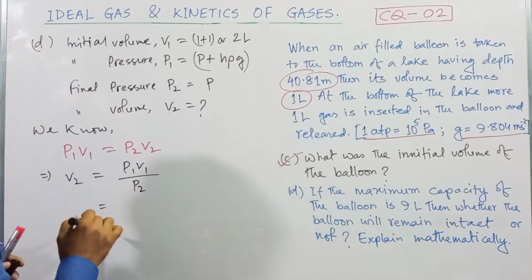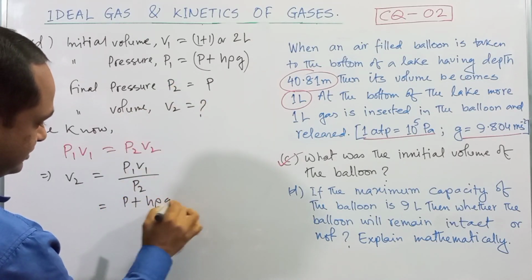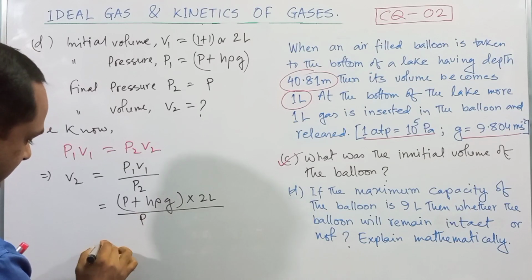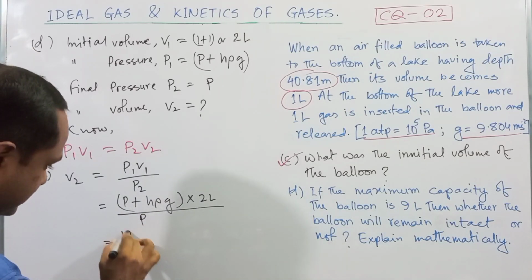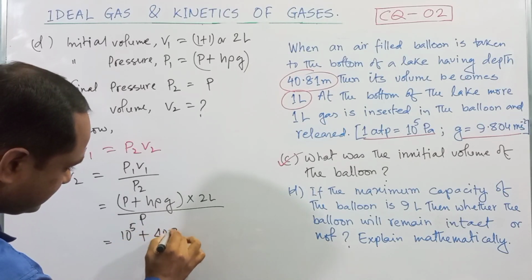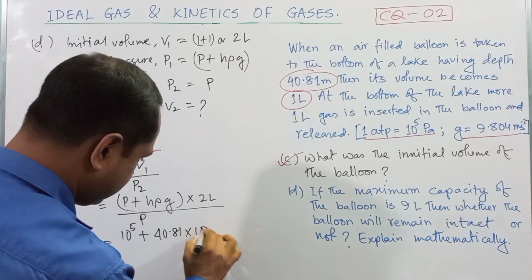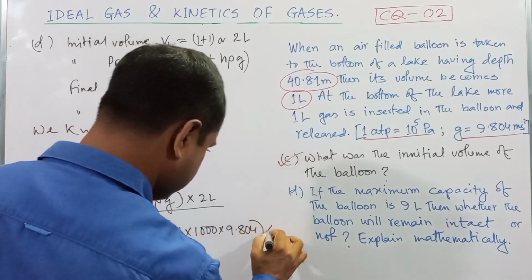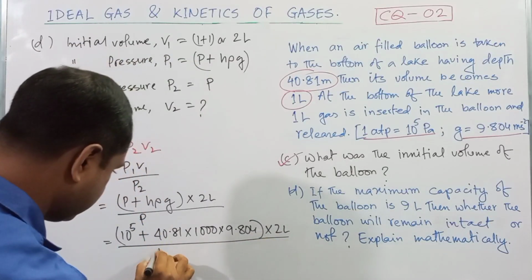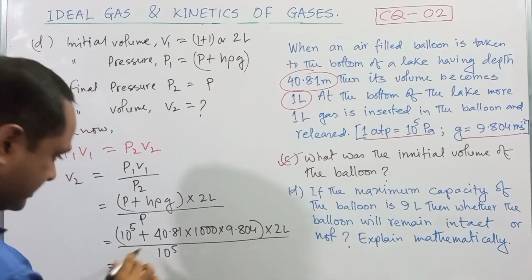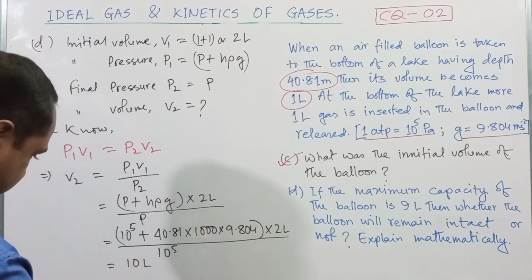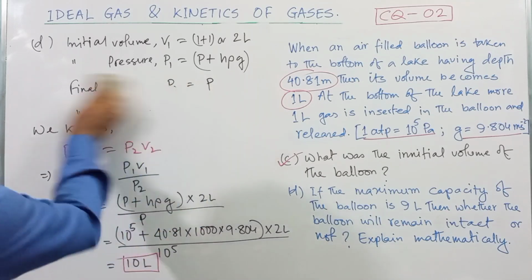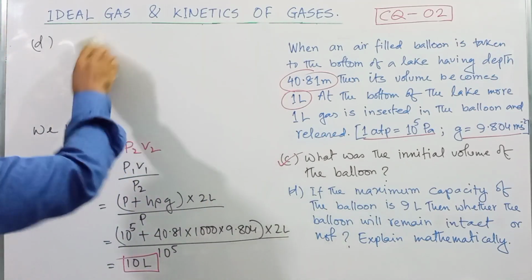So using the value, P1 means P plus H rho G, into V1 means 2 liter, and P2 means P, and using the value of this expression, P means 10 to the power 5 plus H means 40.81 into rho means 1000, G 9.804, right, multiplied by 2 liter divided by 10 to the power 5. Okay, and after the calculation you will get 10 liter. Dear student, this will be the final volume of the balloon, or volume at the top of the lake.